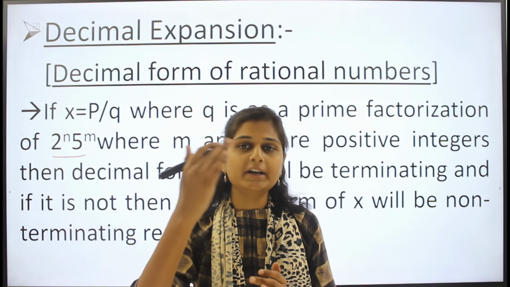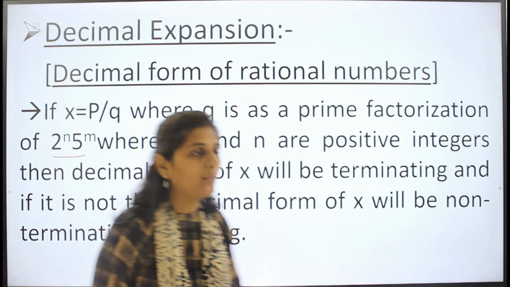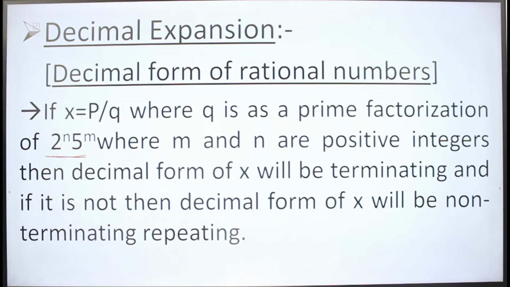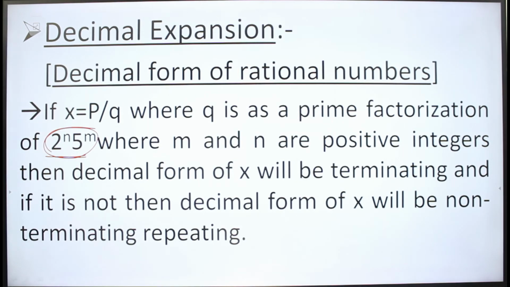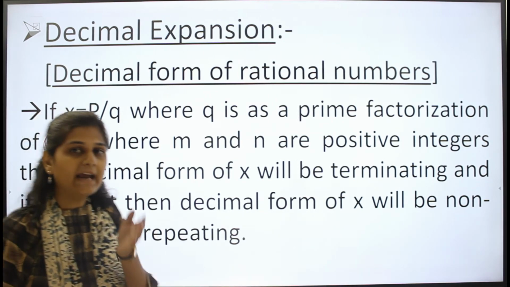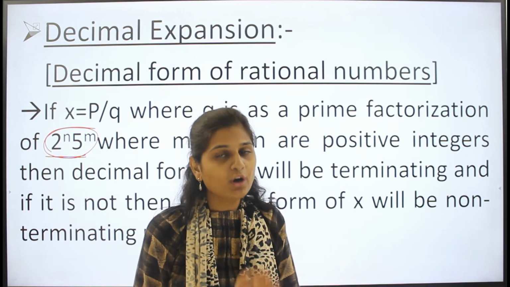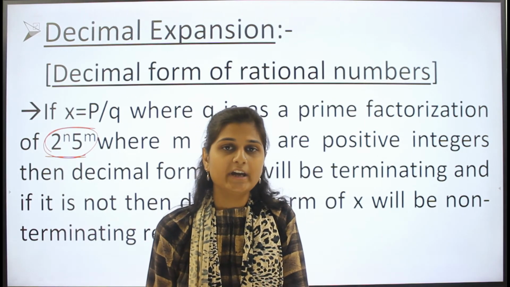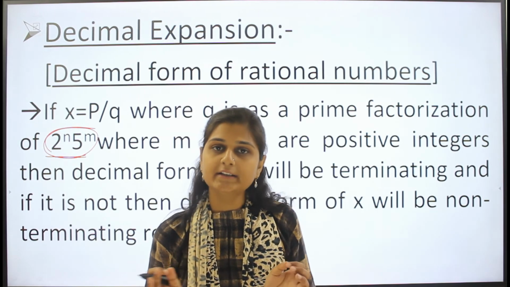Now wherever you are finding the prime factors of q, they should be in the form of 2 raised to n, 5 raised to m. If it is coming in that form, that means the value is terminating. And if it is not coming in the form of 2 raised to n, 5 raised to m, that means p by q will be non-terminating.